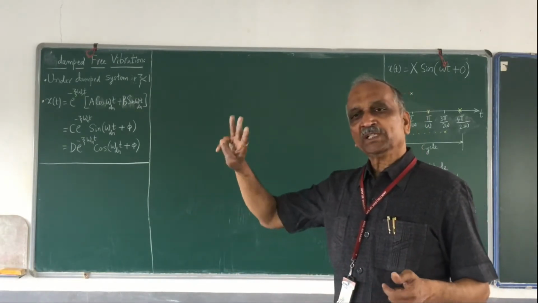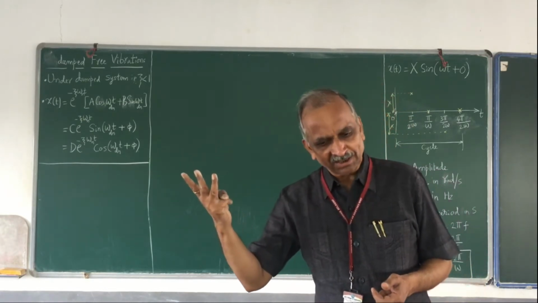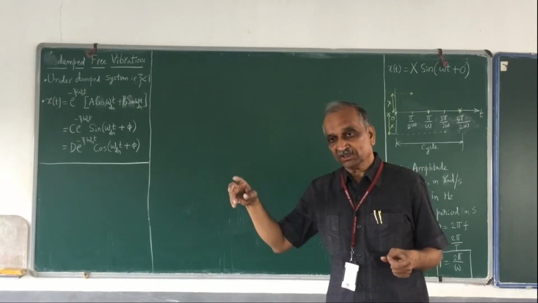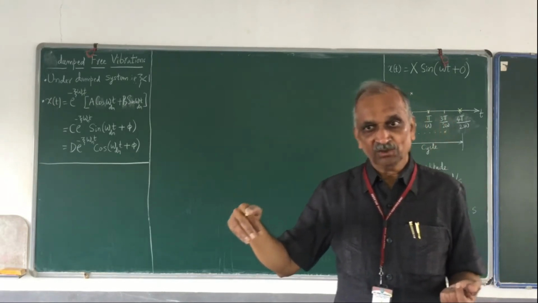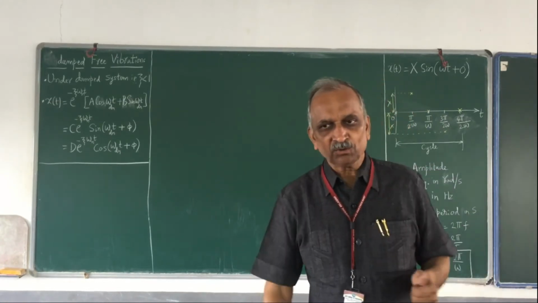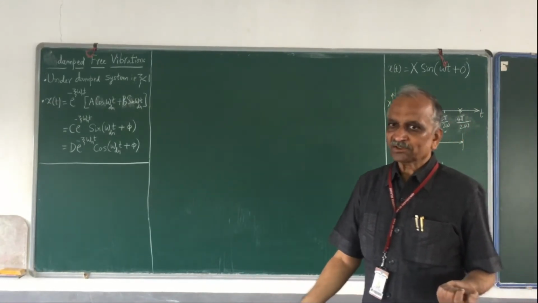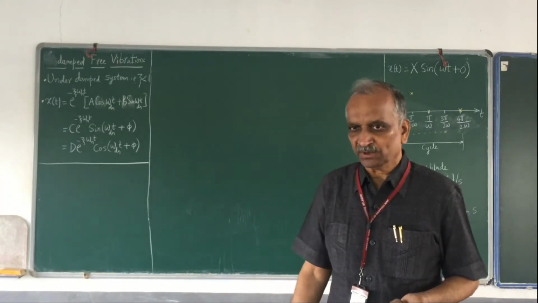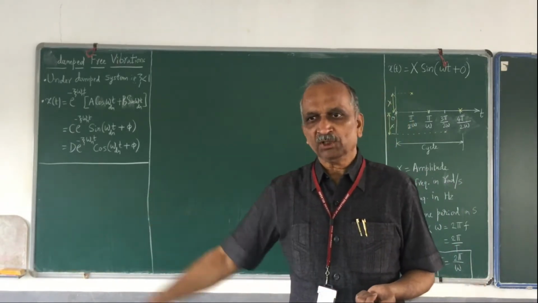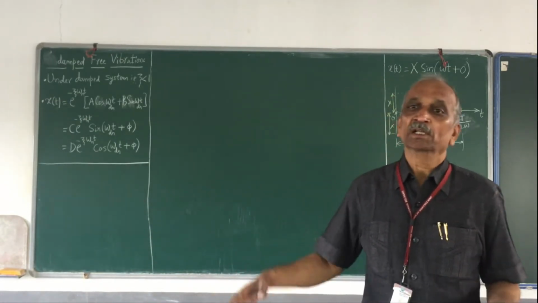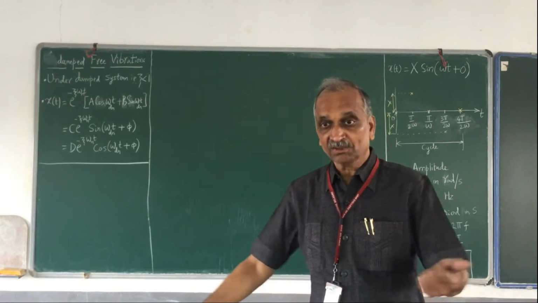Okay, so we classify the system into three categories, depending upon the value of zeta. What is zeta? Damping ratio. What is damping ratio? The ratio of the actual damping coefficient to the imaginary damping coefficient, which we call the critical damping coefficient, Cc equal to 2m omega n. You find out C by Cc, then find out the zeta of the system.